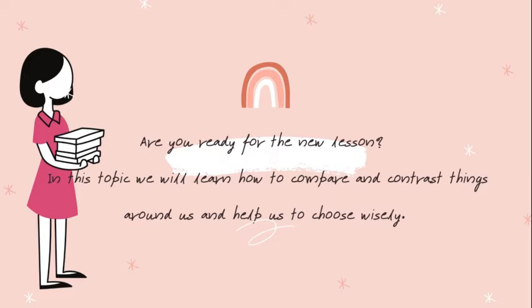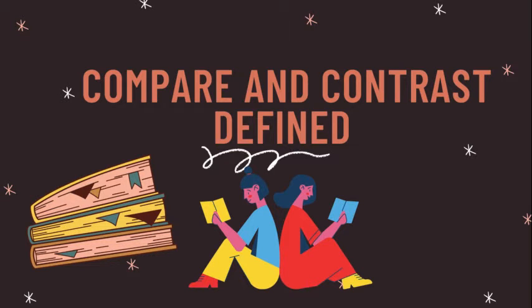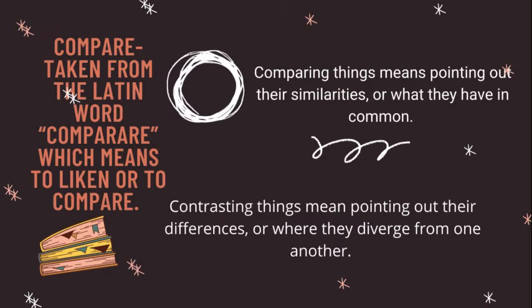Now, let us define first what is compare and what is contrast. Compare is taken from the Latin word comparare, which means to liken or to compare. Comparing things means pointing out their similarities or what they have in common.